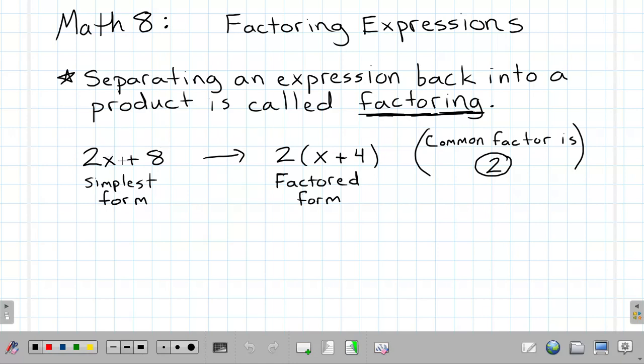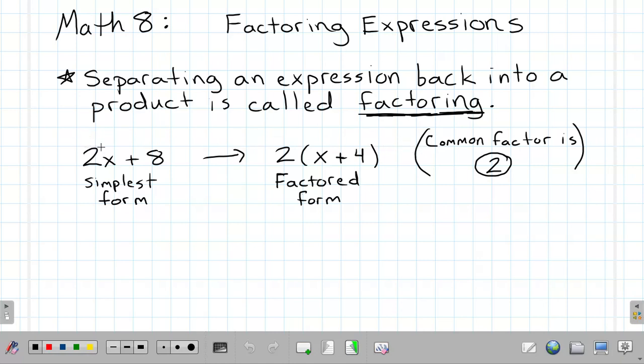What we're going to do is take that expression and essentially bring back the parentheses and basically undistribute, meaning we're going to take a factor from each term here and bring it outside. You'll see here in just a second, we're going to go over the steps to factoring something.